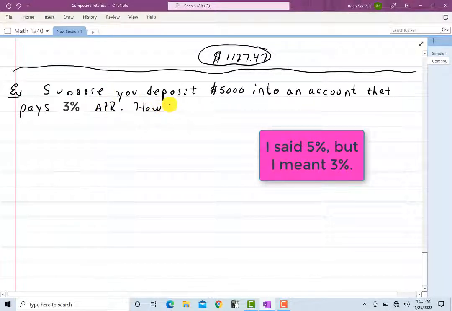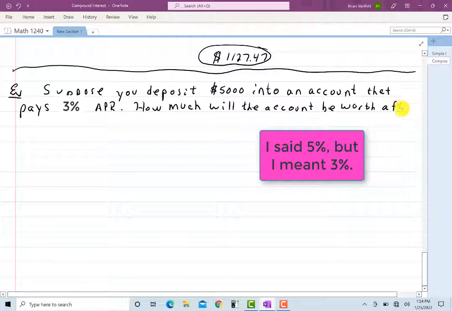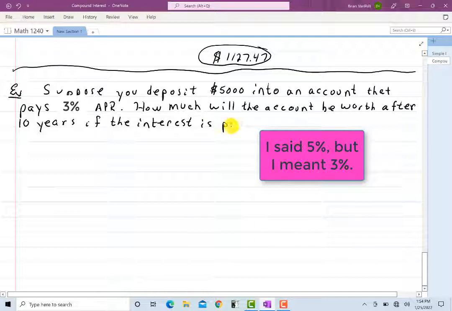How much will the account be worth after 10 years if the interest is paid?